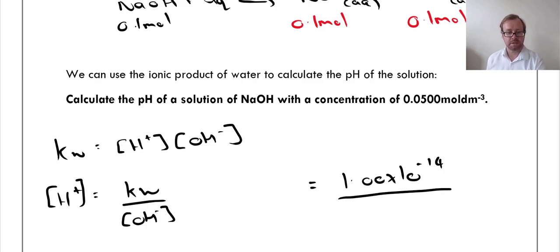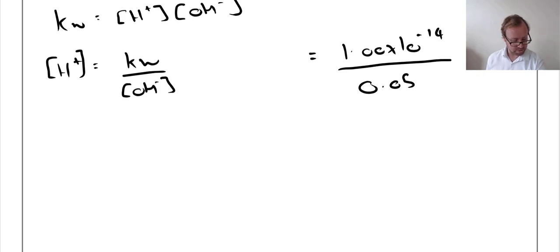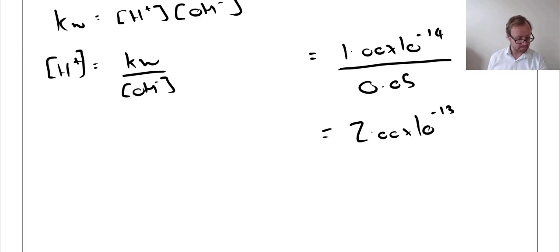I know it completely dissociates, so it will be the same as the sodium hydroxide, which gives me a value of something. What does it give me? A value of 2.00 times 10 to the minus 13.